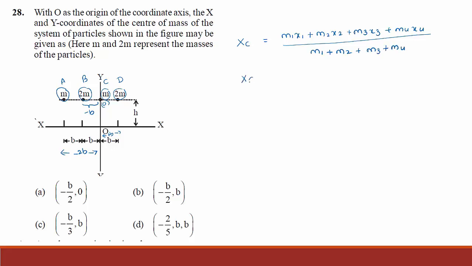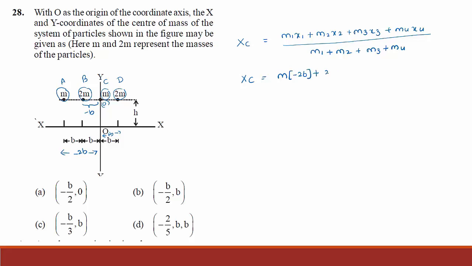Now substitute all the values here. Remember m1, m2, m3, m4 indicate the mass of each particle. x1, x2, x3 and x4 indicate the position vectors of the given particles. Now first we can write mass of the first particle is m. Position vector of the particle A is minus 2b from the center.